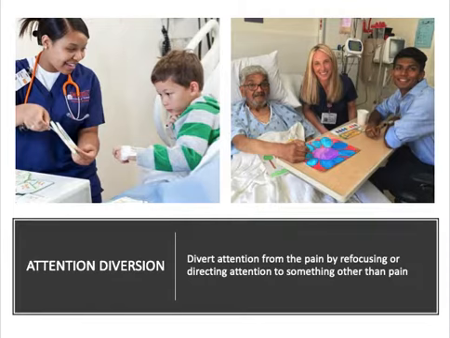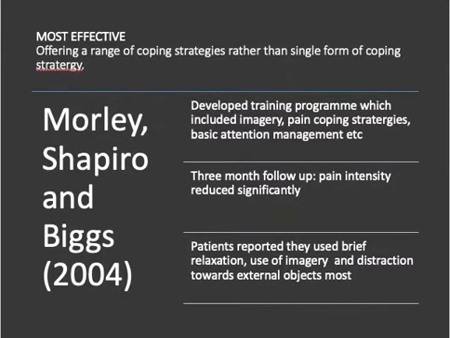No, it's most effective if you combine a few strategies. For example, Morley, Shapiro, and Biggs developed training programs which included imagery, pain coping strategies, basic attention management, etc. in their pain management. So they don't just use one, they use several coping strategies.